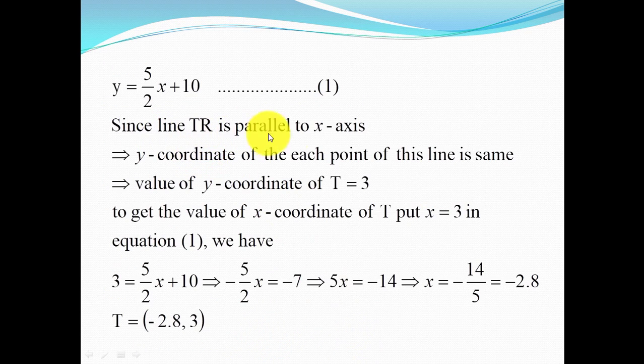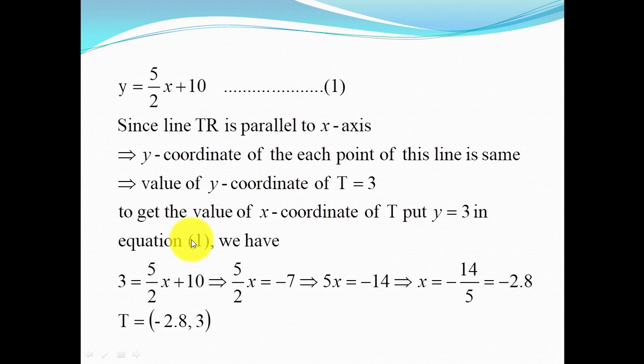Since TR is parallel to the x-axis, the y coordinate of each point of this line is the same. This is what I already described from the figure. This implies that the y component of T is equal to 3, because the y component of R is 3, and R also lies on the line TR.